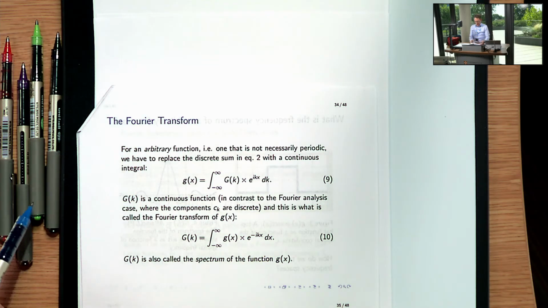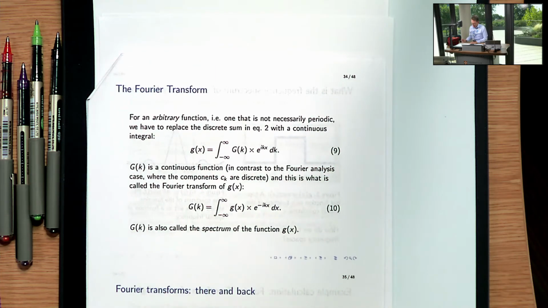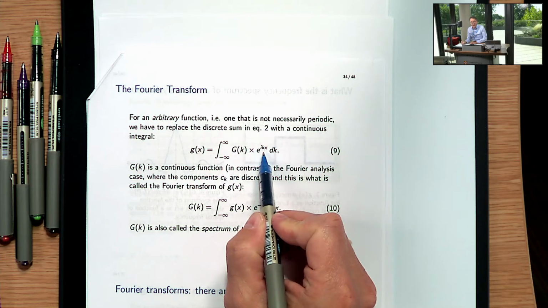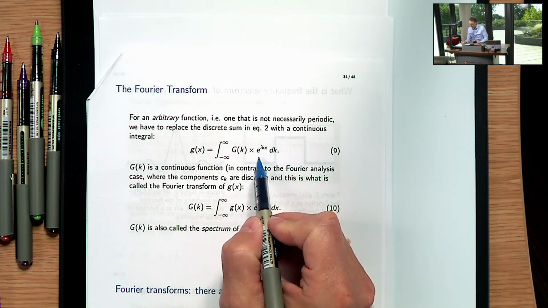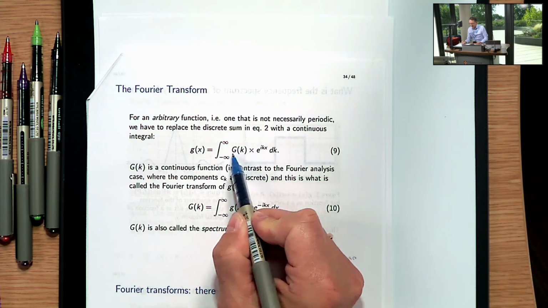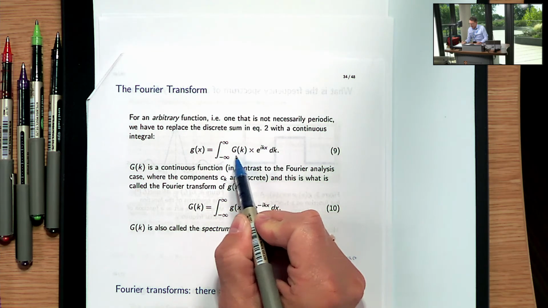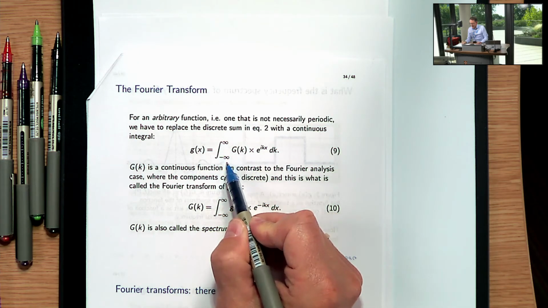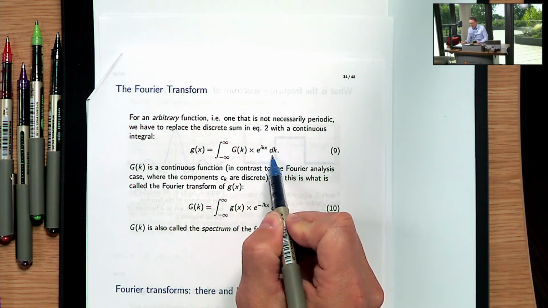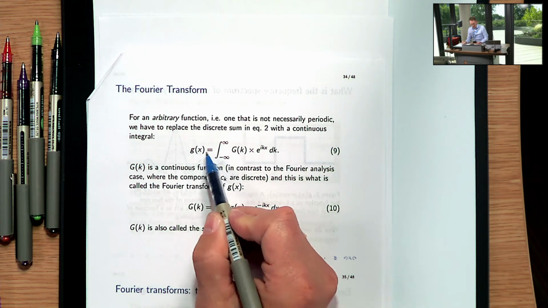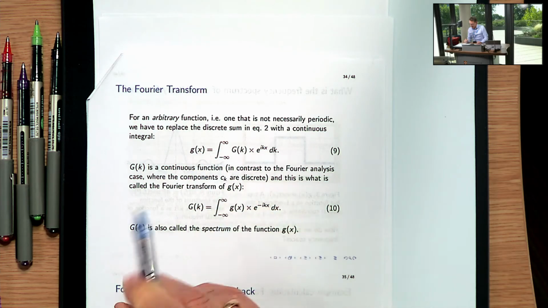If I have frequency components e to the ikx, as we just had before, and I multiply them with the amplitudes g of k, which is called the spectrum of the function, and I integrate between minus infinity and infinity over all these frequencies k, then I can get any function I want synthesized with this.